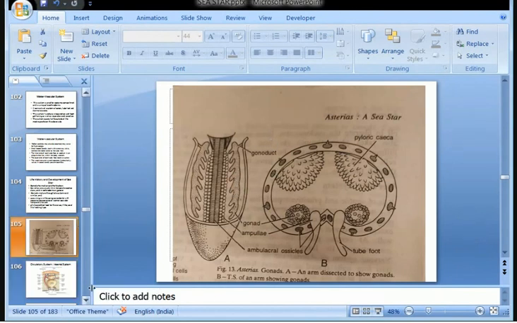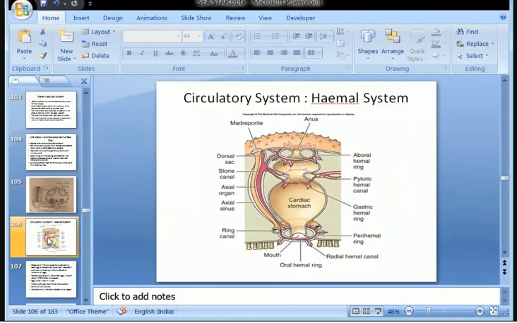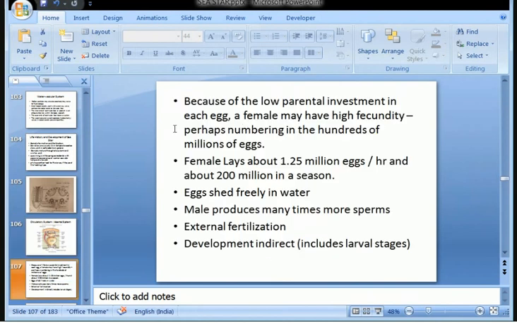So this is just an opinion of a group of scientists. Some say that these gametes are formed within the gonads, while some say that gametes are formed in this axial organ, and they are transferred from here to the gonads. So this is briefly about this.